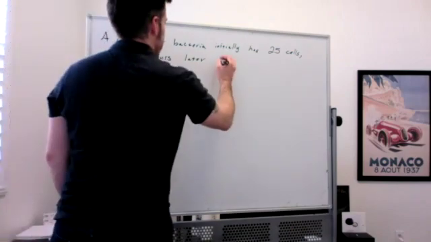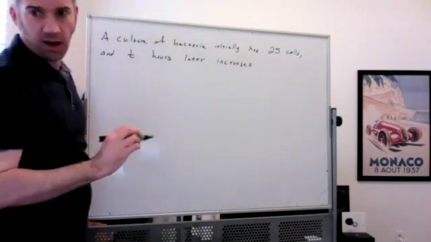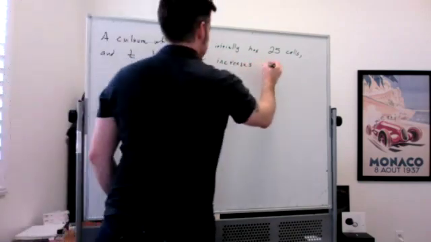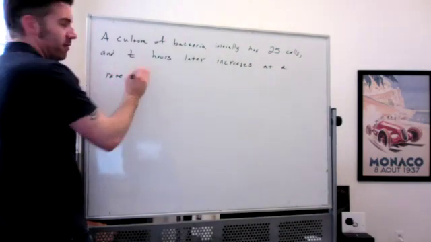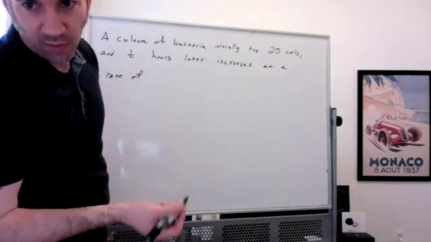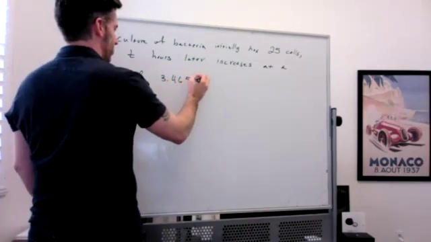the number of cells increases at a rate, this is kind of a crazy looking rate, of 3.4657. These are not the nicest numbers.